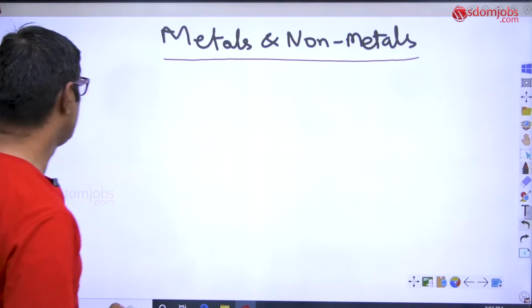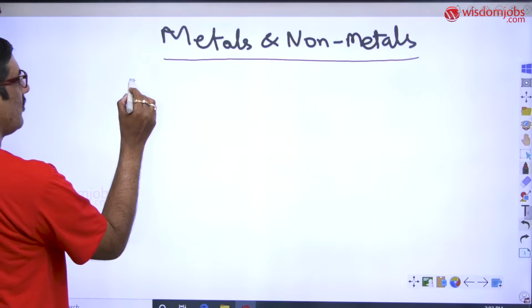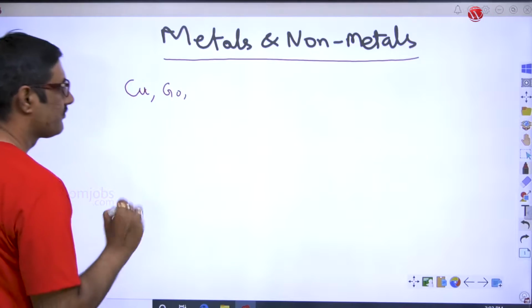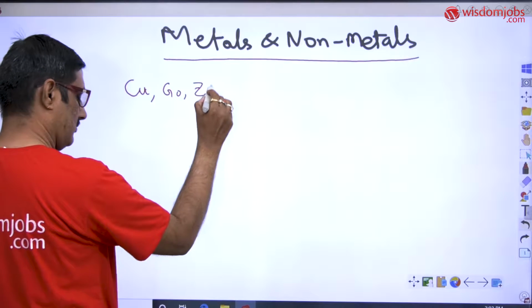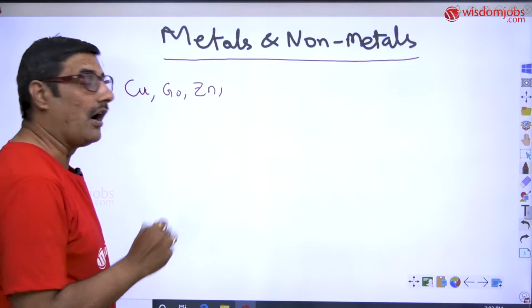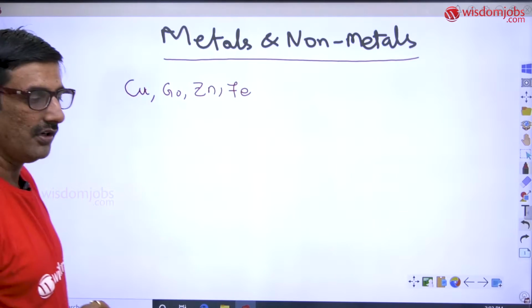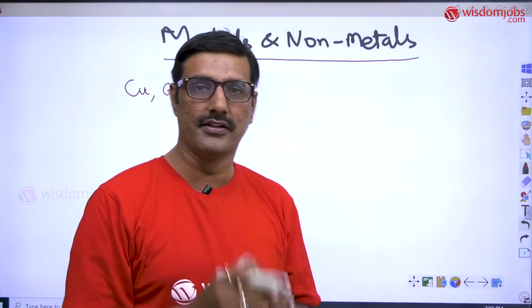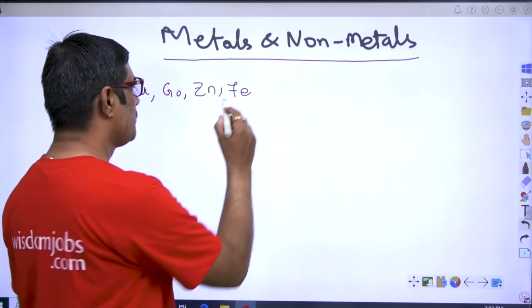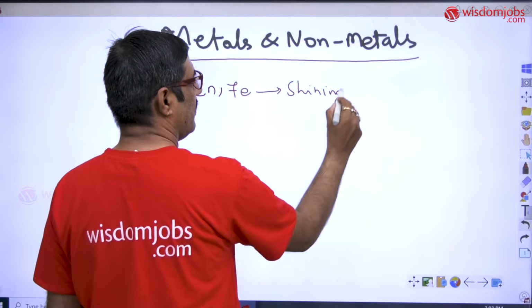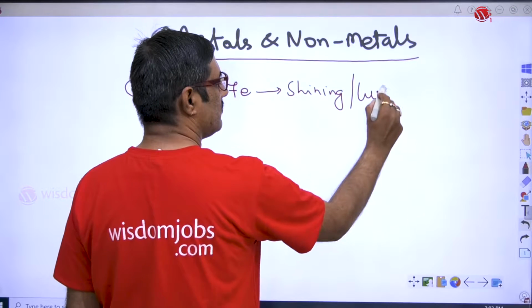Now if you take metals like copper or gold, or let me say zinc or iron, they have a clear-cut shining on them. So they are shining. This shining is also called lustrous property.